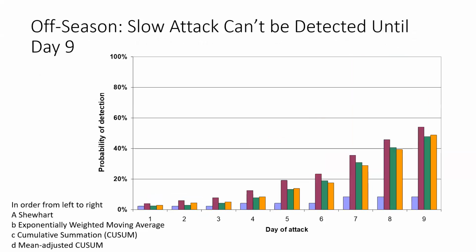Okay, the slow attack, also in the off-season, can be detected with increasing probability, and on day 9 we finally have 50% probability. So, a bit oversimplifying, we really need 9 days to have a decent chance at detecting it, where decent is here 50%, and before we have just a very small chance.